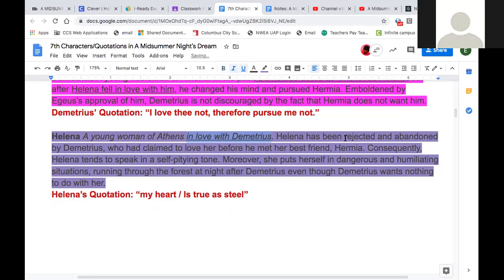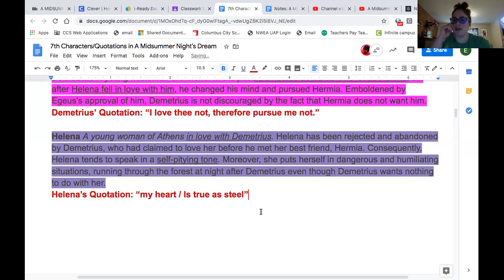Helena has been rejected and abandoned by Demetrius, who had claimed to love her before he met her best friend, Hermia. Demetrius is a scoundrel, folks. Not a good dude. Consequently, Helena tends to speak in a self-pitying tone. She's very hard on herself.